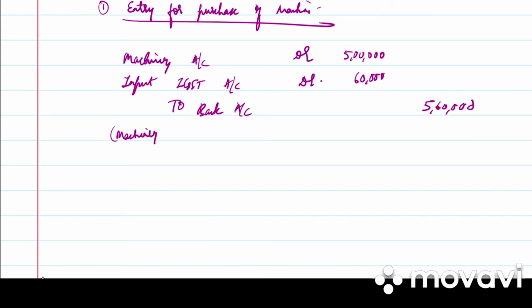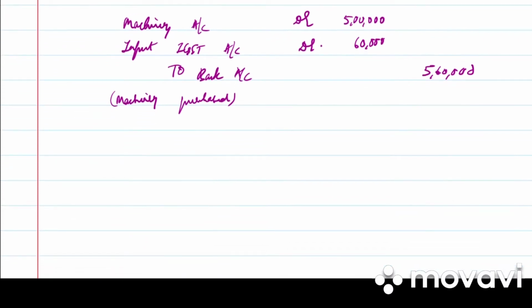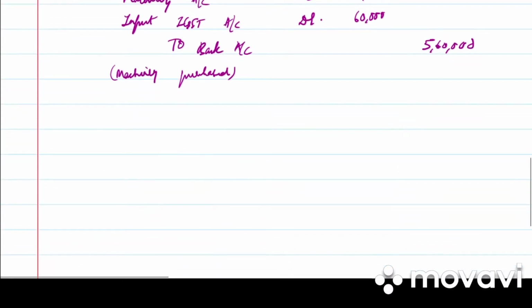So narration, machinery purchased. So why is IGST not a cost for machinery? Because IGST paid off will be set off against IGST, CGST and SGST, whichever is collected. Then we have entry for sale of machinery.